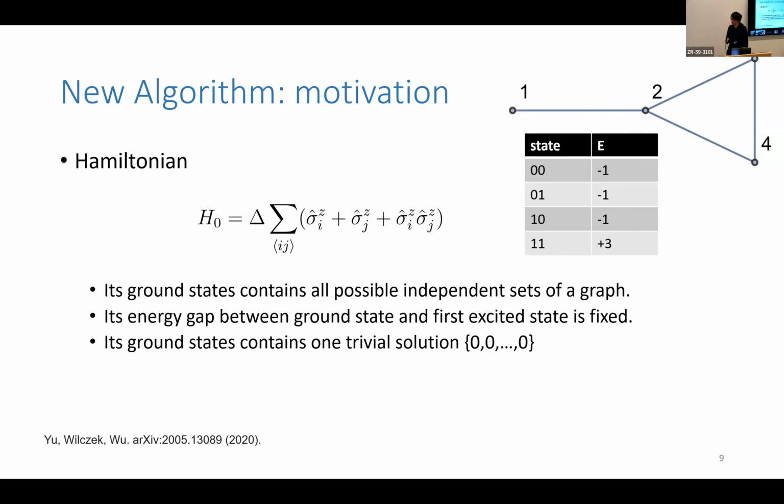So its ground state contains all possible independent sets of a graph, and all non-independent sets are automatically raised by some constant value. And we can prepare the initial state as a trivial solution, which is just our zero state, which is an independent set. We want to evolve the trivial solution to the non-trivial solution, which is the MIS.